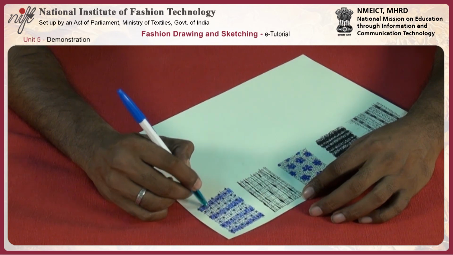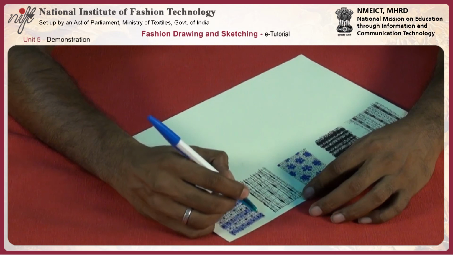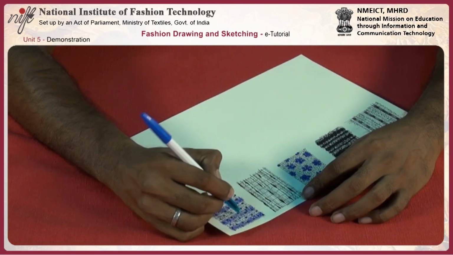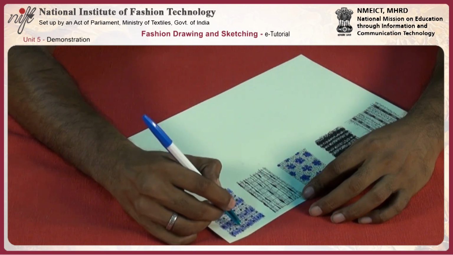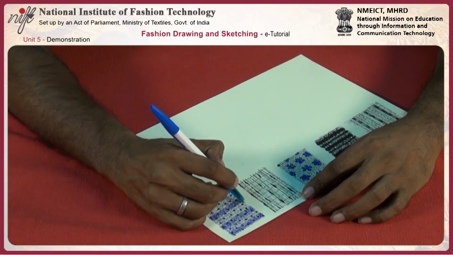Now again I am drawing diagonal lines opposite to the direction that I have already drawn. This adds a bit of darkness to the rendering.